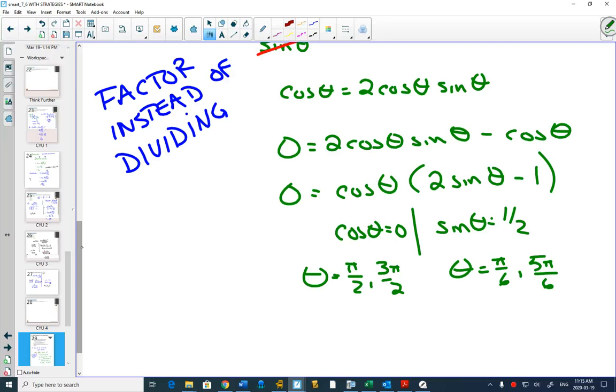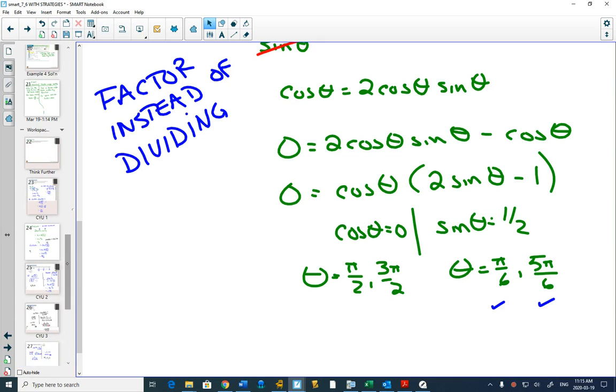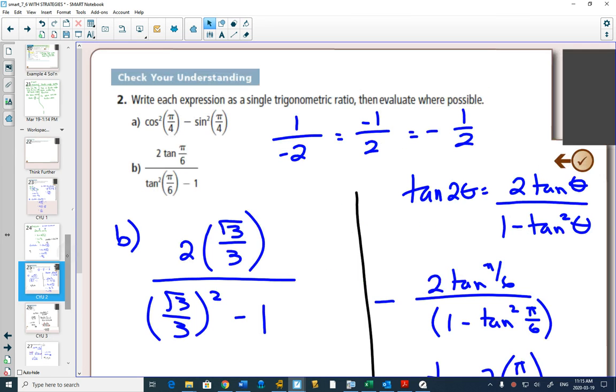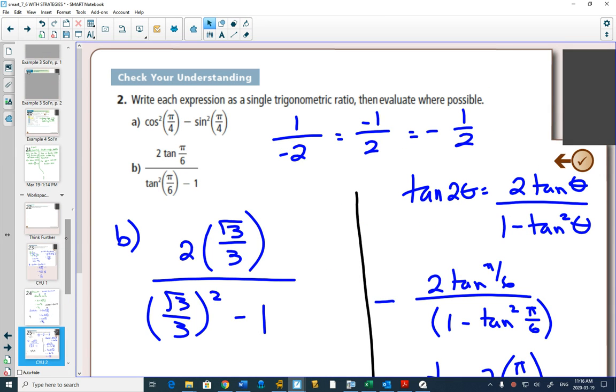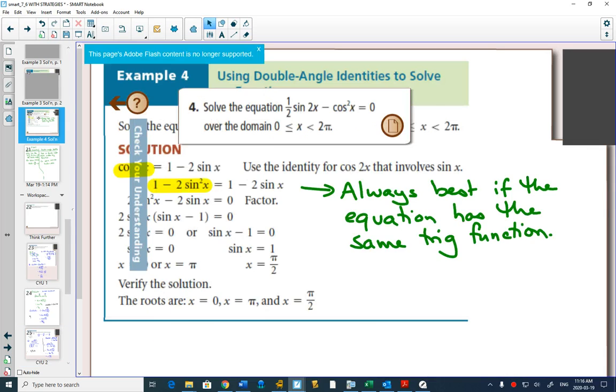If in this step you divided both sides by cos theta, you would still get both of these answers, but you would miss out on the other two answers. Okay, so that's the first example.